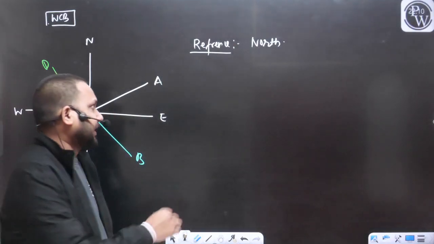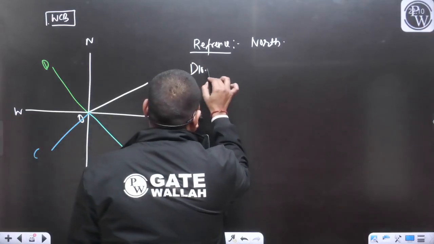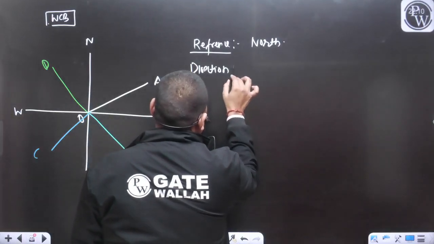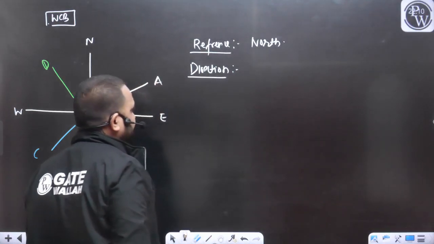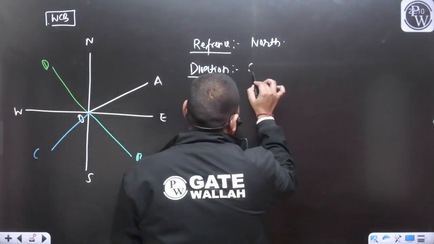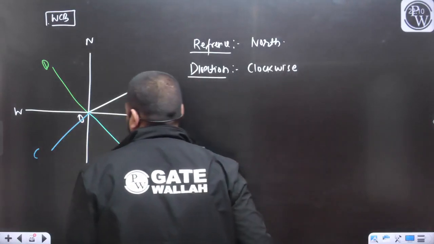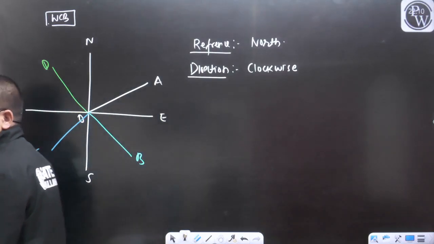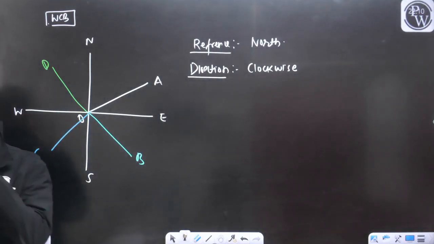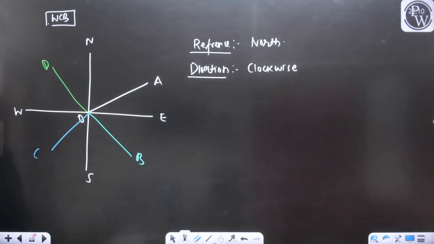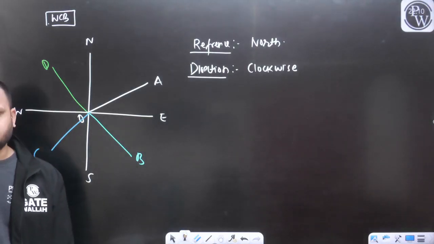So what will be the direction? If you are representing the bearing of any line in the WCB system, we always measure the angle in the clockwise direction.